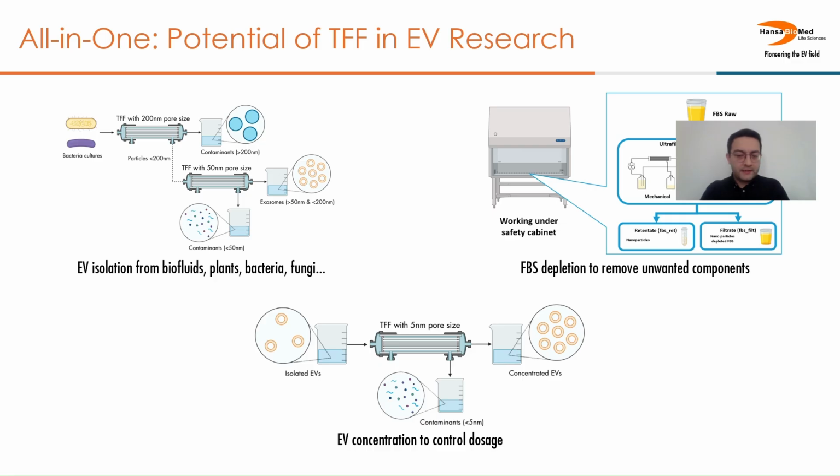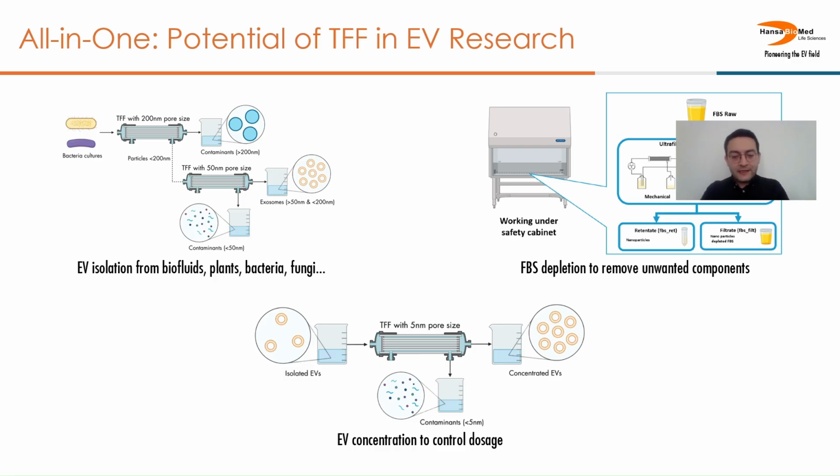So you can just purchase undepleted FBS and deplete FBS at home with the help of TFF. And then in the bottom, you can see that TFF with, for instance, 5 nanometer pore size can also be used to concentrate pre-isolated EVs, which is critical especially for in vivo or in vitro experiments where the control of dosage is critical.